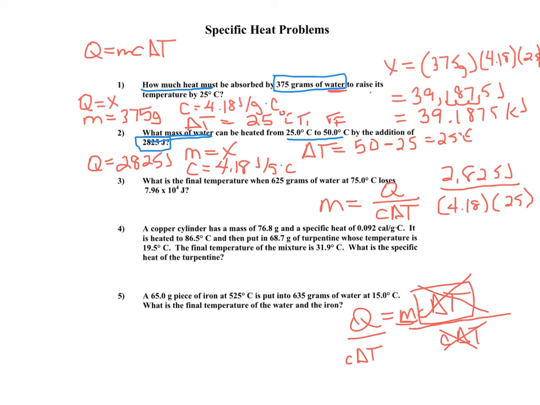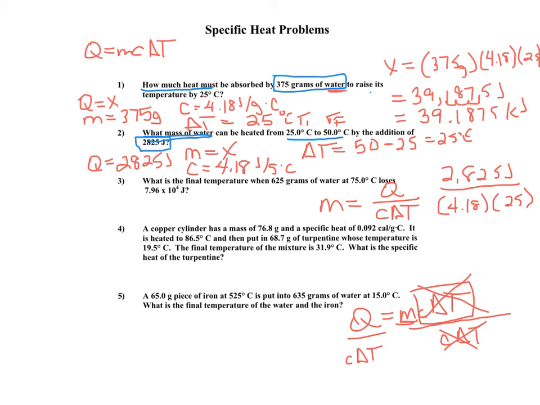All right, plug that into our calculator. Remember, order of operations will sometimes play a factor. So I'm going to do 2,825 divided by, all right.